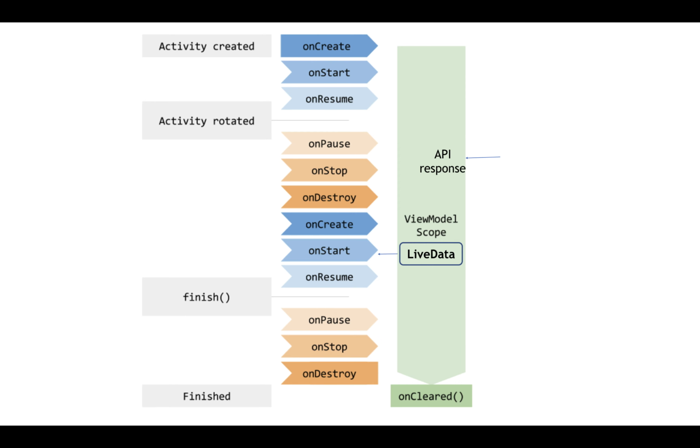So the same information, whatever we have written in the ViewModel, will persist. In that case, there is no need for me to additionally handle the logic which was required for my view to be displayed, like orientation change, on pause, on resume, those things.